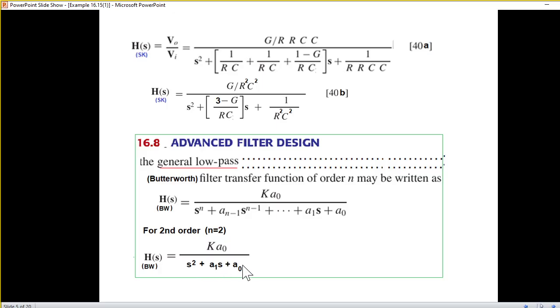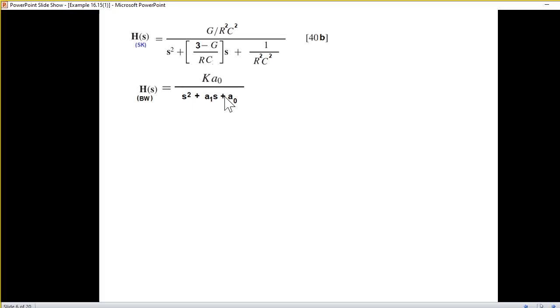So the denominator will be s square plus a1s plus a0. So we were here. This was the Sallen-Key equation simplified. And this is the Butterworth equation for the second order filter. Now all we need to do is just compare this. A1 is this thing and A0 is this.